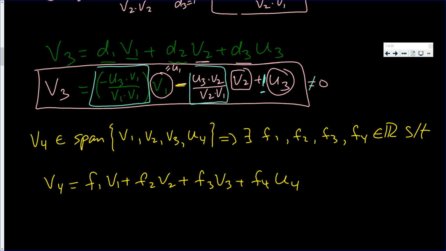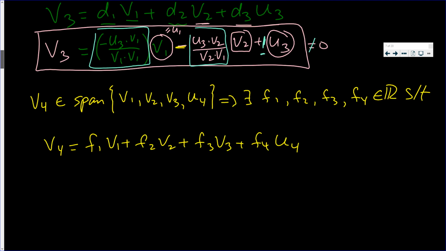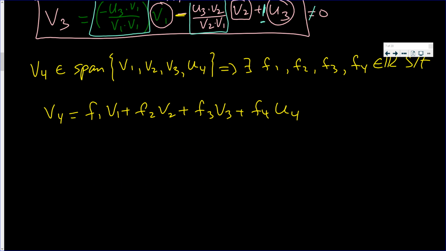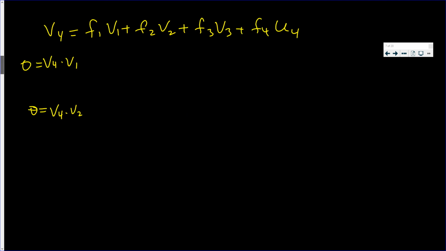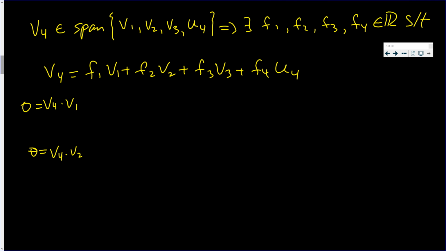Okay, now here's the headache. We want V4 dot V1 to be 0. We want V4 dot V sub 2 to be 0. And we want V sub 4 dot V sub 3 to equal 0.